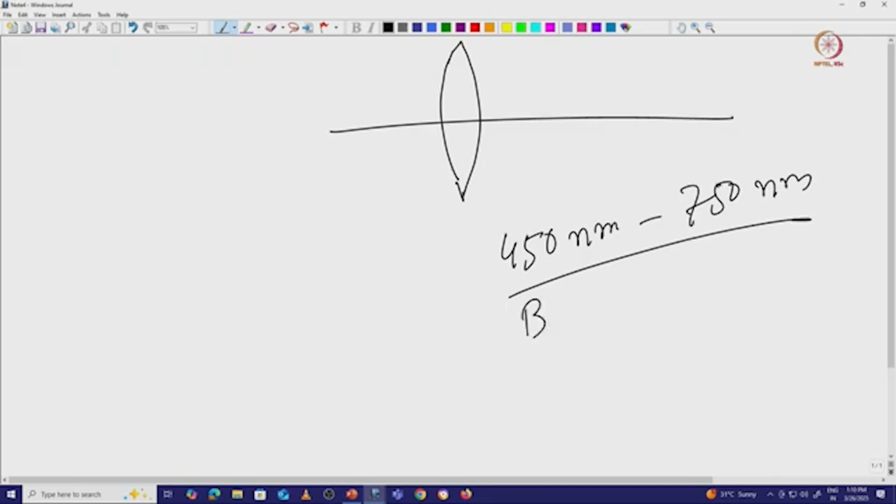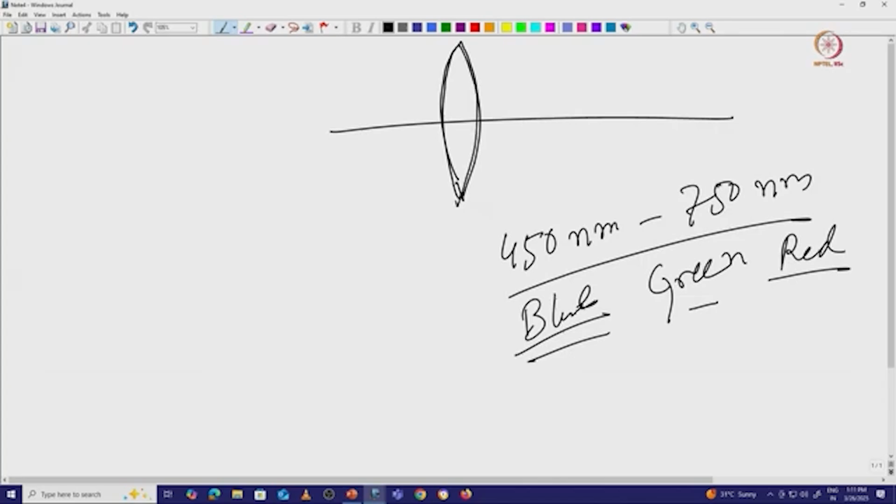Starting from blue, all these 7 different colors will be there. Here we are talking about blue, and then green and red. Based on the wavelength, if our lens is not perfect, it will split all these rays based on their wavelength. So what is going to happen to the blue rays?